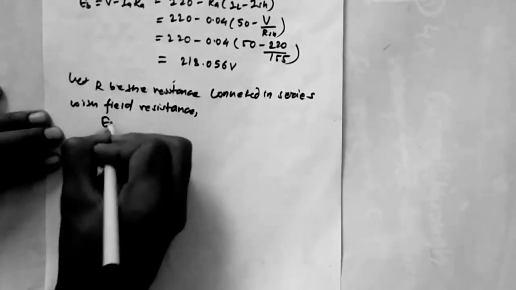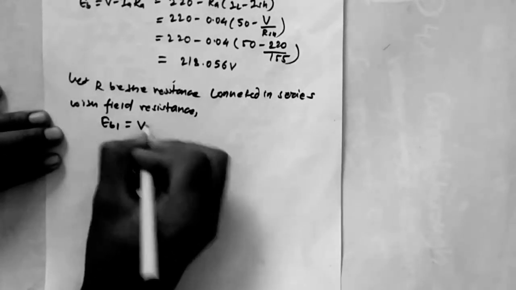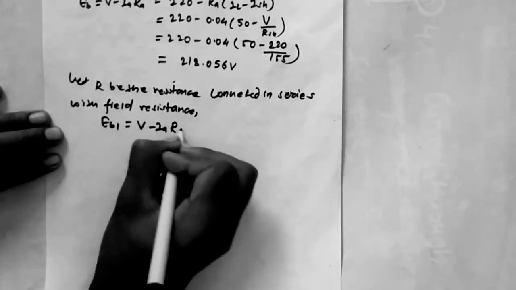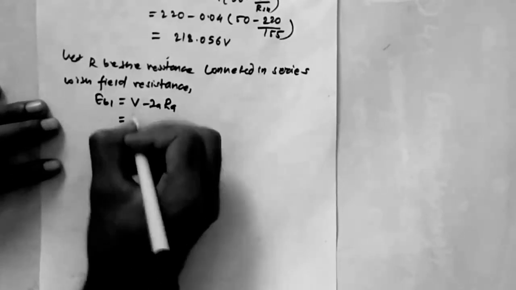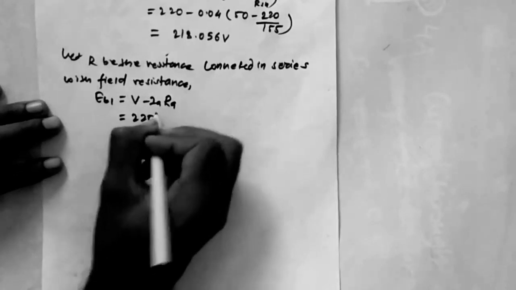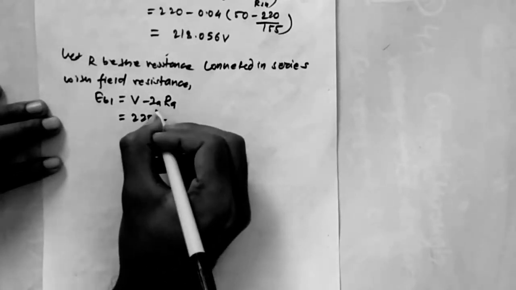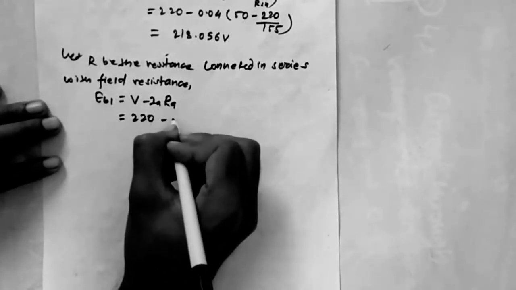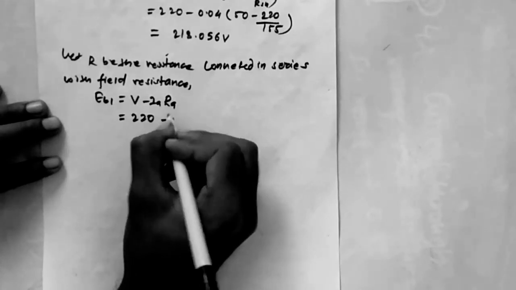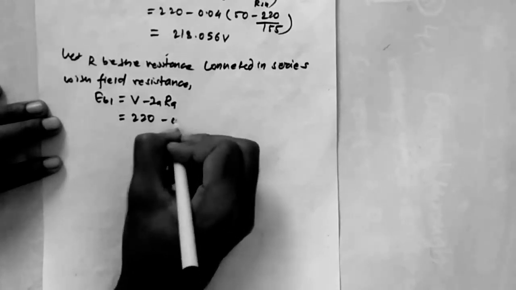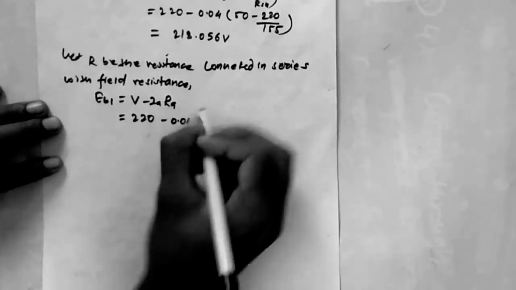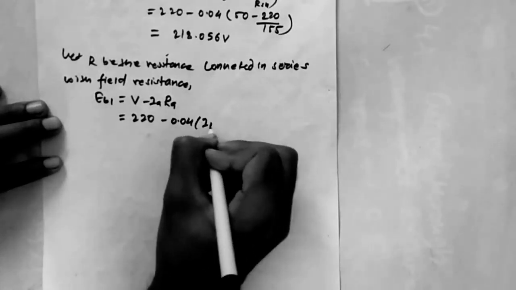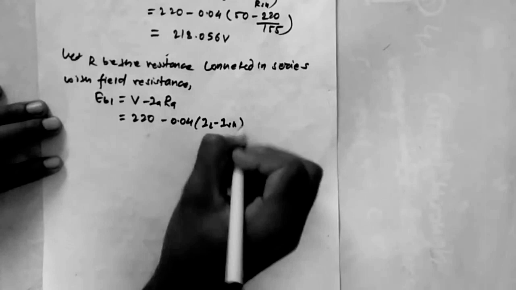So here we have Eb1 equals V minus Ia into Ra, and in place of V we have 220 minus, in place of Ra we have 0.04, and Ia can be written as IL minus ISH.